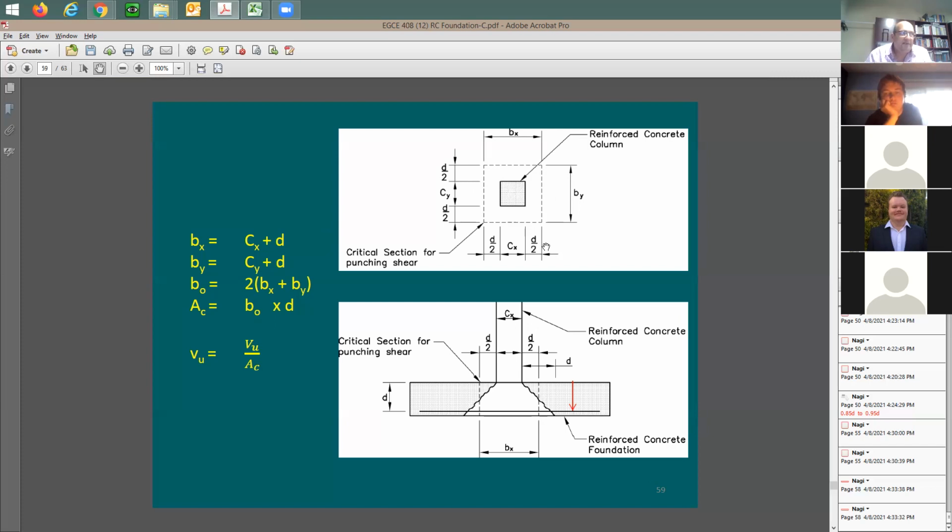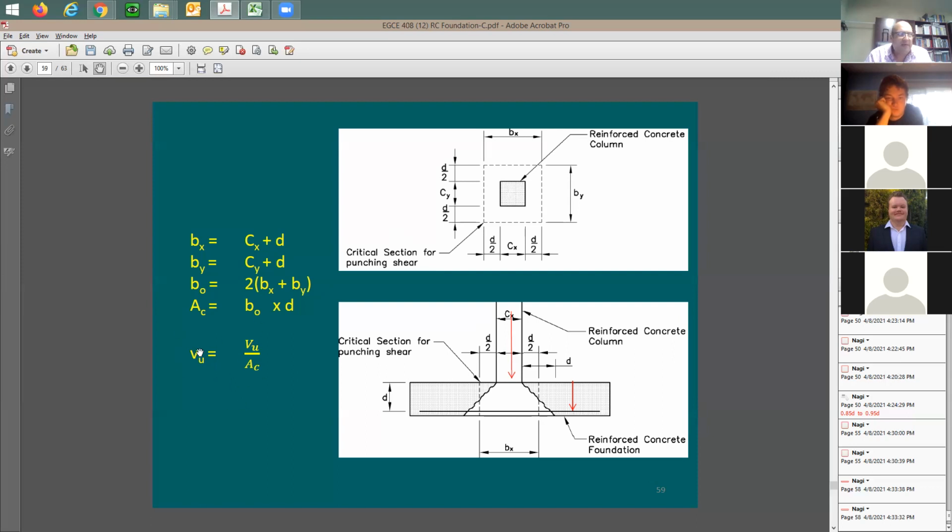The shear stress is going to be equal to the amount of force, V sub U, the big force that you're talking about here, which is this force here. Let's say in this case, if we're talking about the footing, it's going to be the column load divided by the surface area. With that, you're going to end up with some shear stresses that you need to resist. Now, this is going to be the demand, right?